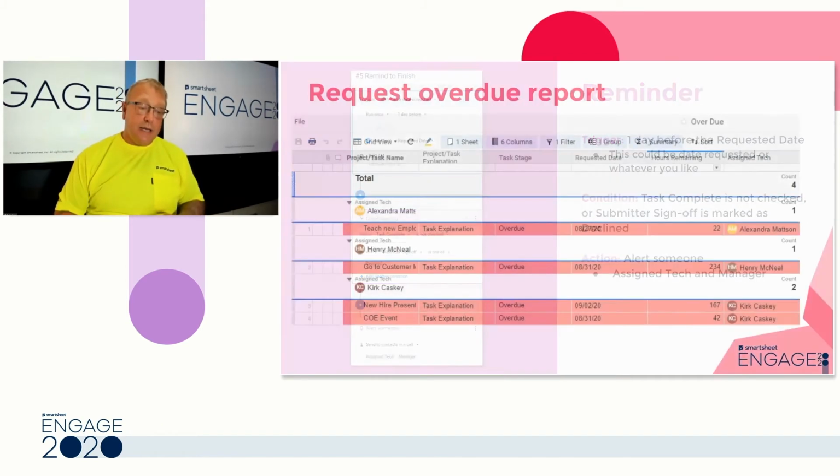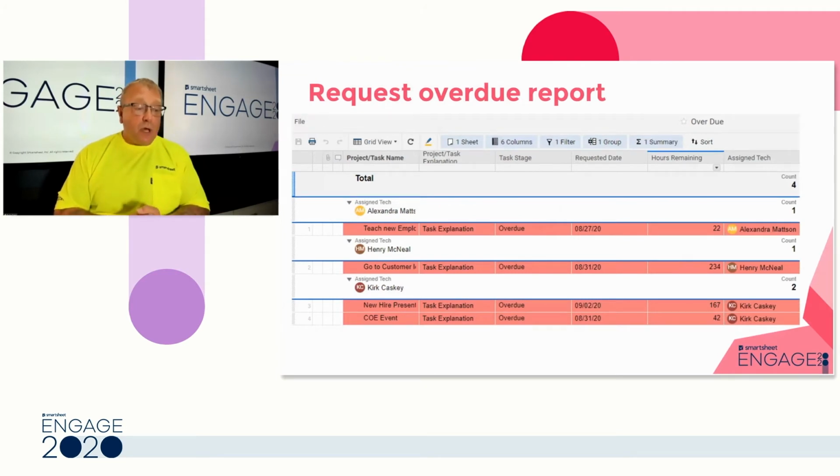All right, next. Here's an example of the overdue report. This might be something that you have for the manager. The manager could be getting this information so that they can see what are all the things that we have to jump on, right? And again, this could be something that is close to overdue. This could be something that has passed the overdue date.